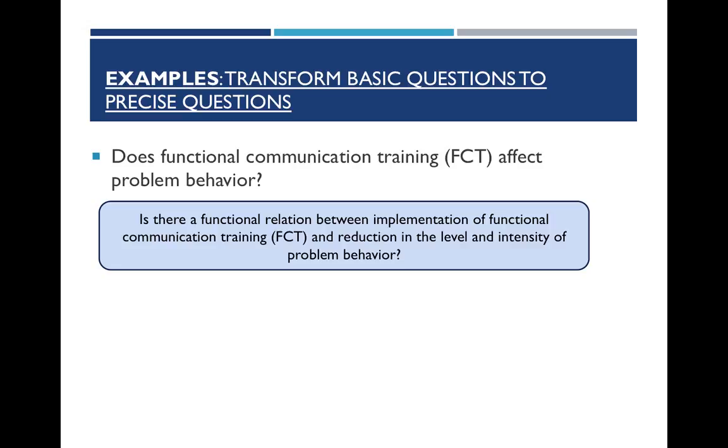All right, compare what you wrote with something like this. Is there a functional relation between implementation of functional communication training and reduction in the level and intensity of problem behavior? Note that in this case, the pattern is defined both as level change and as intensity change. Those would result in expecting two different measures of the dependent variable.